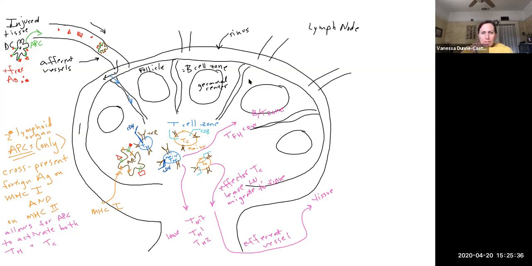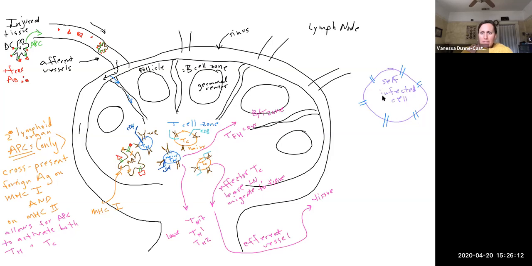So in the tissue, let's say we have our own self cells. That means that if they're self, they have MHC class 1. And if you recall from our last set of slides, these MHC class 1s are constantly presenting self antigen, right?